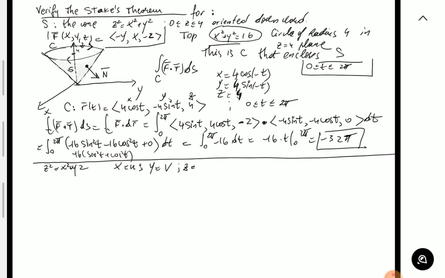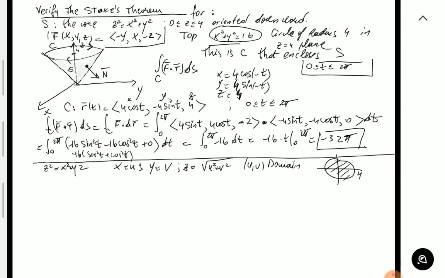Okay, yes, square root of u squared plus v squared, because it's positive, right? We look at z between 0 and 4. Okay, what about the parameter domain? This projects onto, so the domain in u and v is going to be the full disk of radius 4, right?